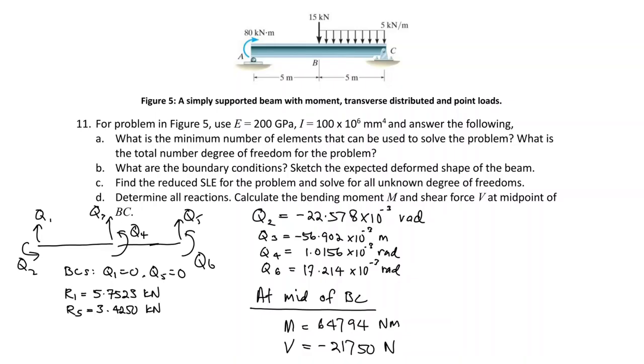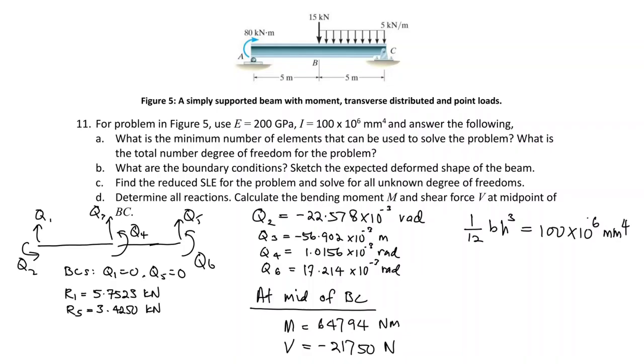We know that for a rectangle, I is just 1 over 12 BH cubed, which must equal 100 times 10 to the power of 6 millimeter to the power of 4.